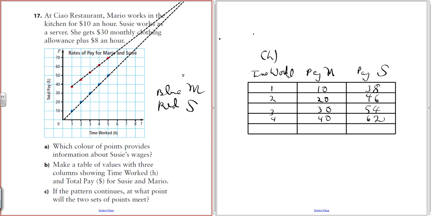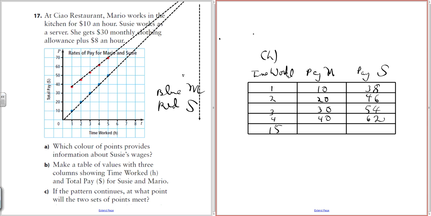Roughly, if we can imagine them going beyond what you can see, they'd probably meet somewhere around there. So we have to extend it in our minds. 9, 10, 11, 12, 13, 14, roughly 15 hours based on what we can see there. Roughly 15 hours, they would be the same.